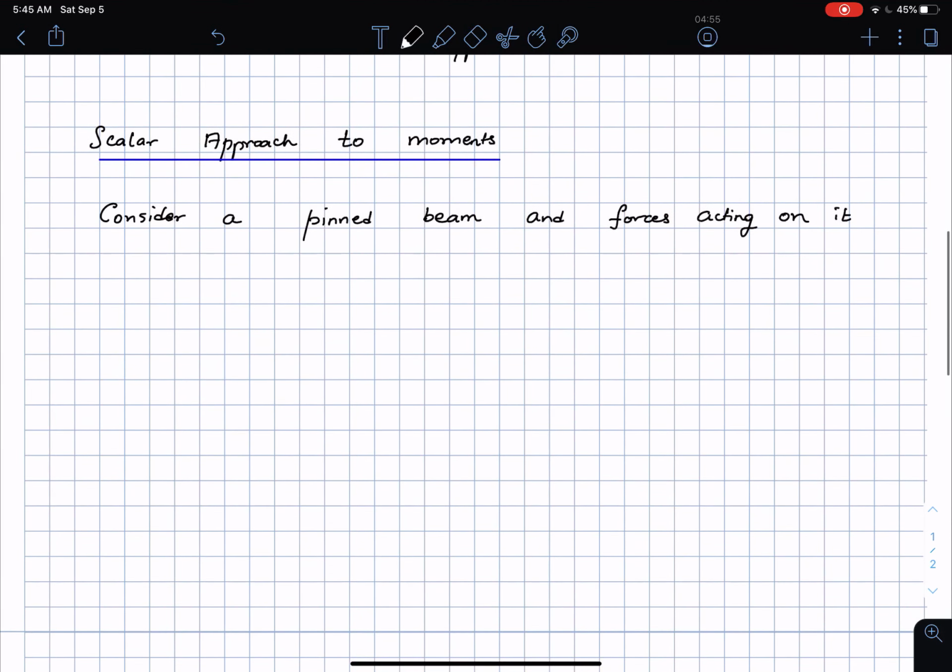I'm going to draw that beam right here, and we're going to be making use of this beam for the rest of the analysis.